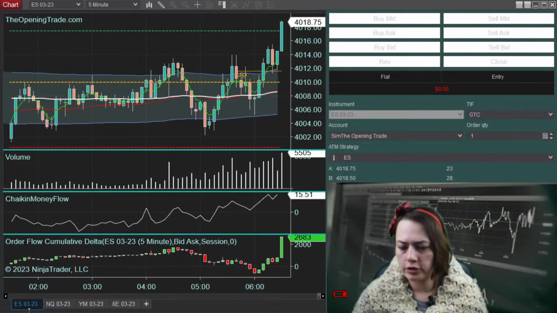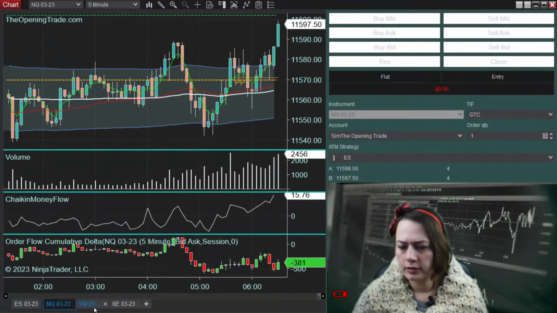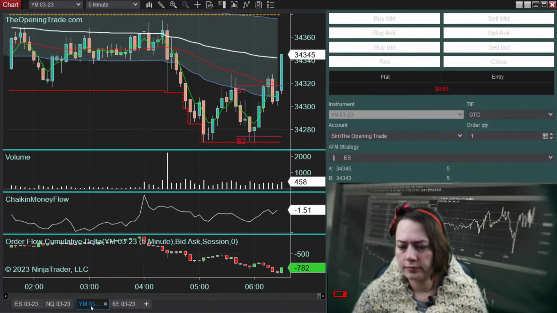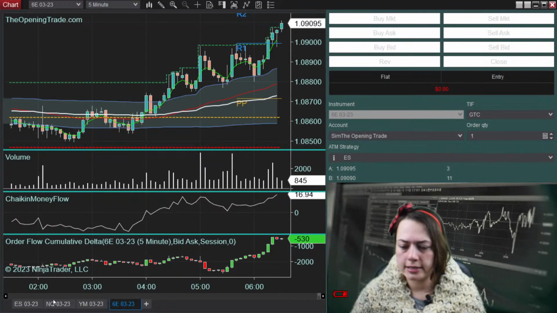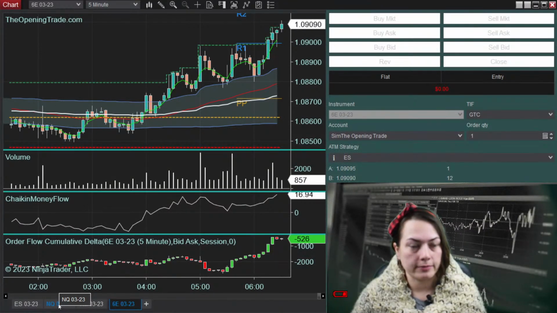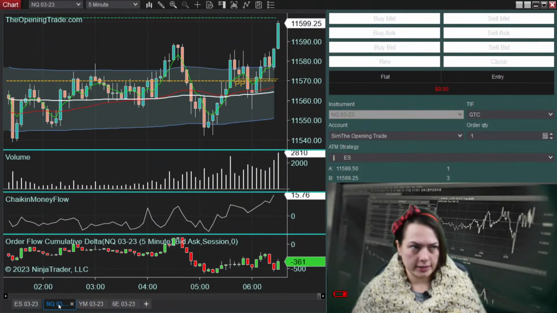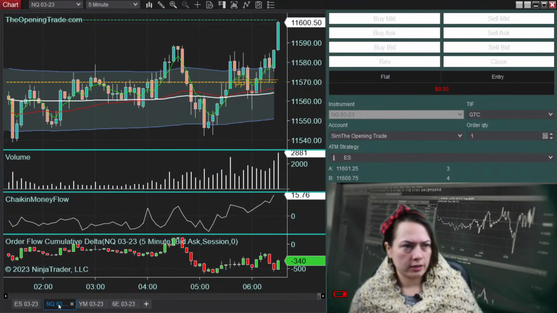And so our charts, making sure they're all set up. So we have less than 3 minutes before we could see the first automated trade, which is going to be on the NASDAQ futures.